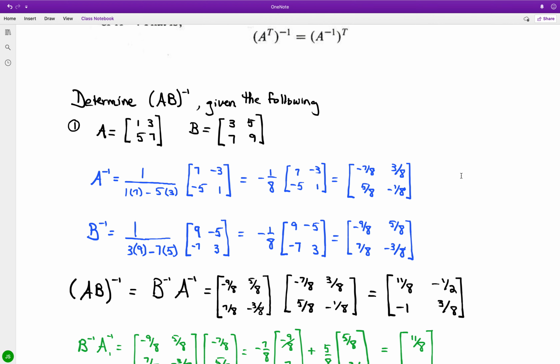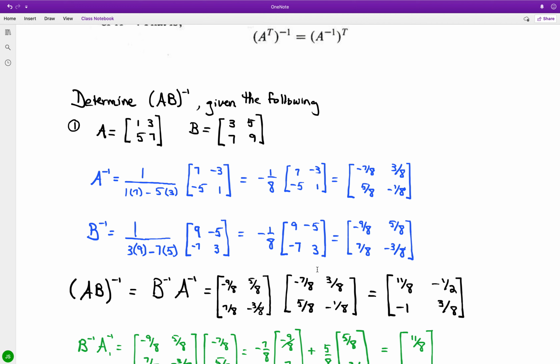For the inverse of B, we have 1 over 3 times 9 minus 5 times 7, and again flipping the diagonals and taking the opposite signs of B and C, the fraction again turns out to be negative 1/8, distributing over 9, negative 5, negative 7, and 3. It turns out that for the inverse of B, we have at the top negative 9/8 and 5/8, and for the bottom row 7/8 and negative 3/8.